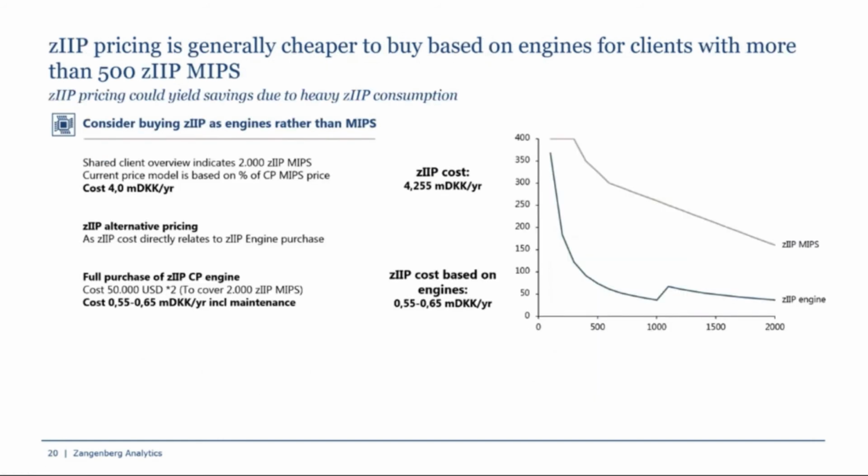Then just for all of you with SIP engines, typically one of the models that most vendors are pursuing is trying to discount SIP MIPS and blend it into either the MIPS price or have a percentage, say 25% or 30% or 10% of the CP MIPS price as the pricing metric for this.